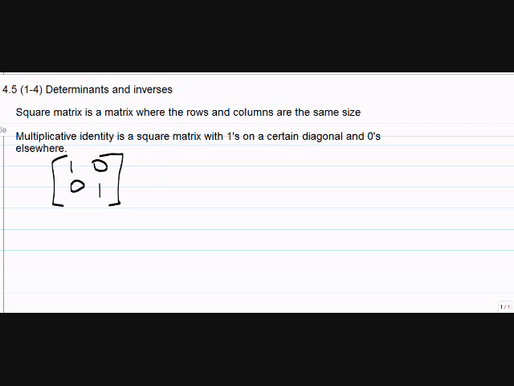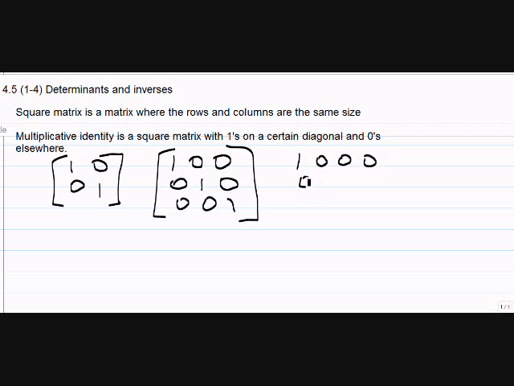A 3 by 3 would be 1, 0, 0, 0, 1, 0, and 0, 0, 1. A 4 by 4 would be 1, 0, 0, 0, 0, 1, 0, 0, 0, 0, 1, 0, 0, 0, 0, 1. Get the pattern?